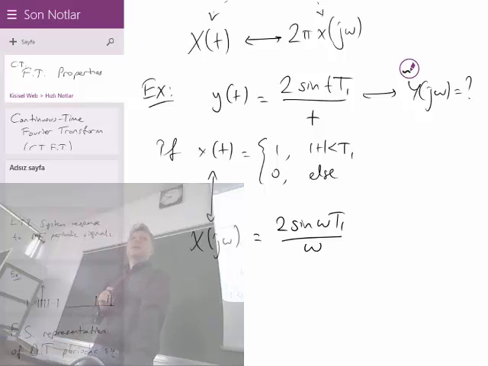So that's in the table already. And notice the similarity between this X of j omega and that y of t. It's only a replacement of omega by t.